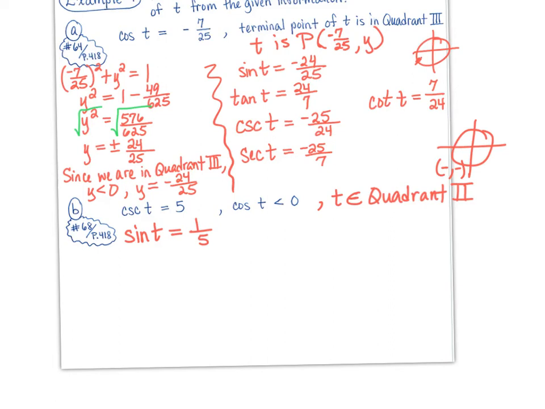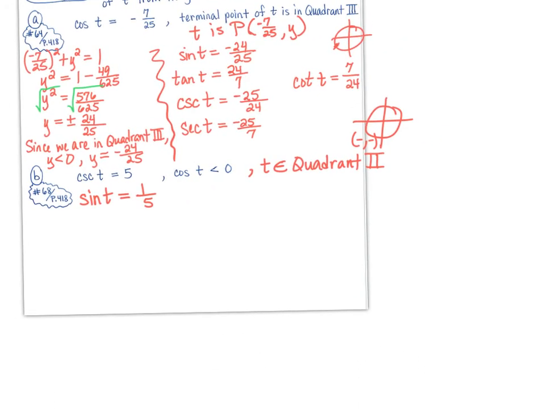Yes, please. Cosecant of t is the same thing as 1 over sine of t. Right? If cosecant of t is equal to 5, then sine of t has to be 1/5, because 1 divided by 1/5 is equal to 5.